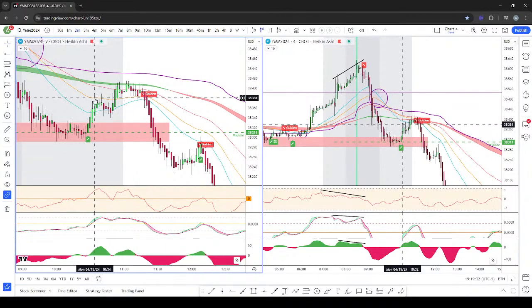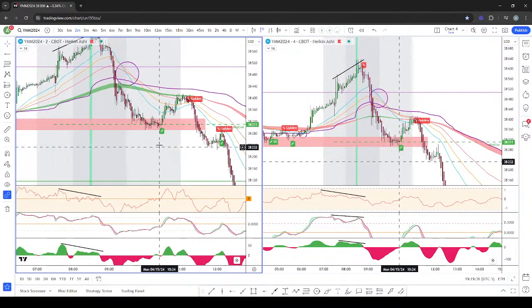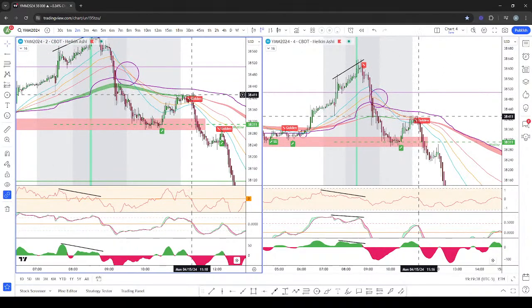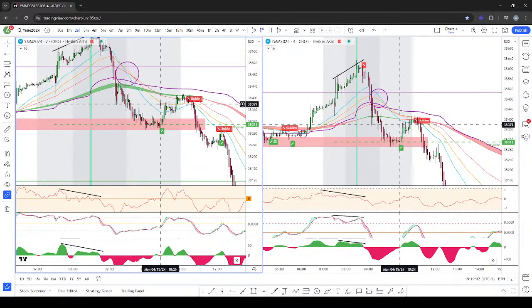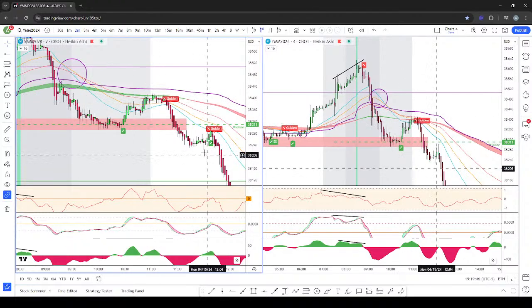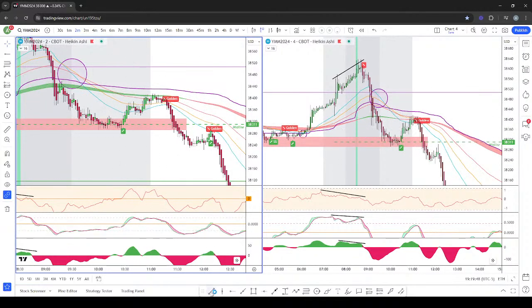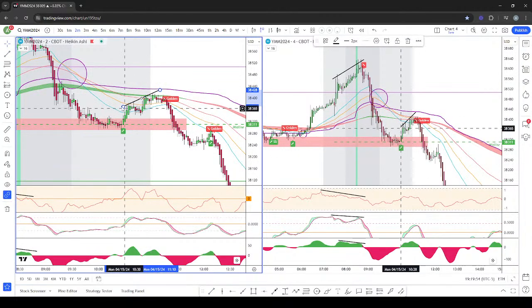On top of that, you can either look for a hidden bearish divergence or just a regular divergence in here. So right in here, right where the signal is at, before that, you start to notice the shift in momentum on the oscillators here.